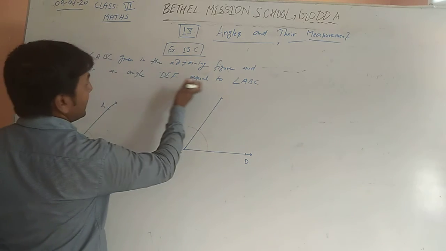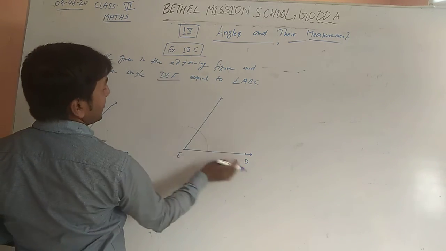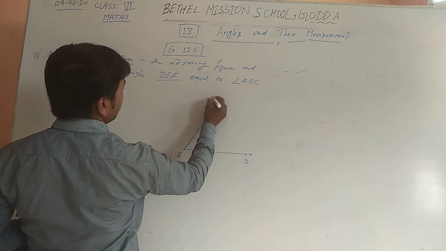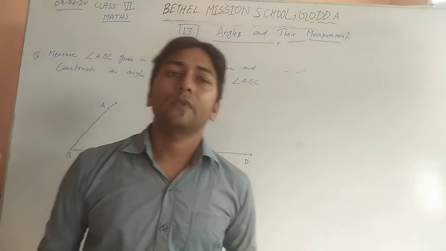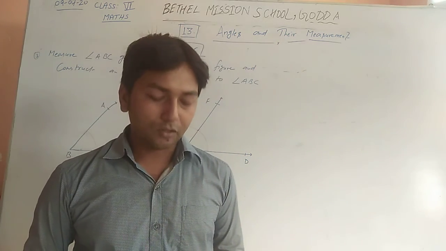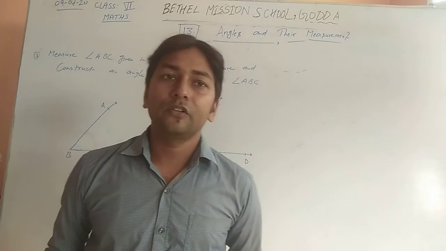Okay, give the name, that is DEF, DE, and here F. This equals to this. You can measure with the help of protractor. Okay, now rest question you will do yourself.